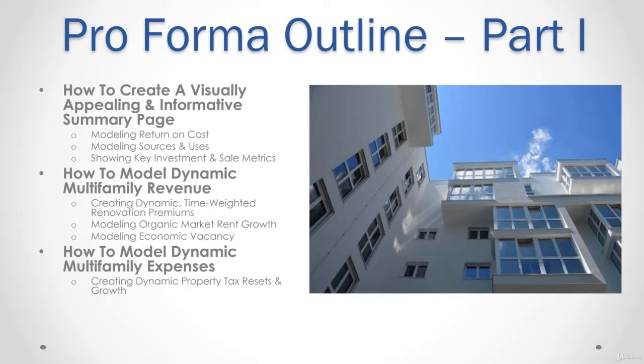How do we actually go about modeling that? We're going to build that as well. And then we're going to model economic vacancy. And we're going to talk about everything that goes into that and how to actually build that in your multifamily pro forma.